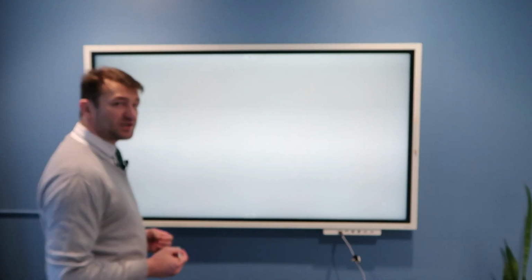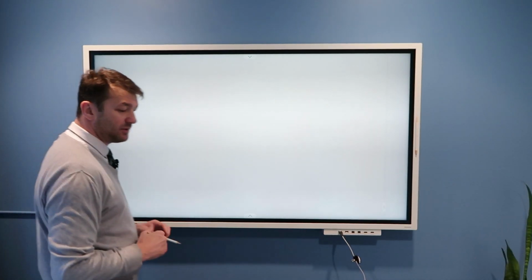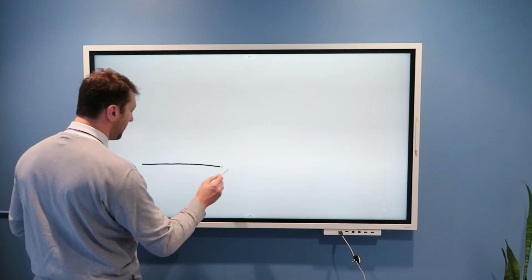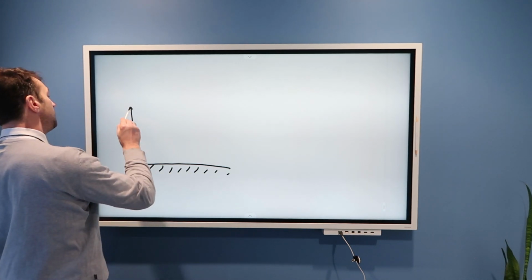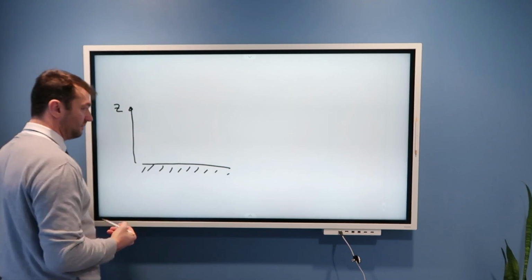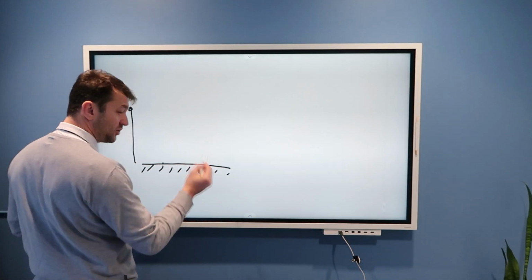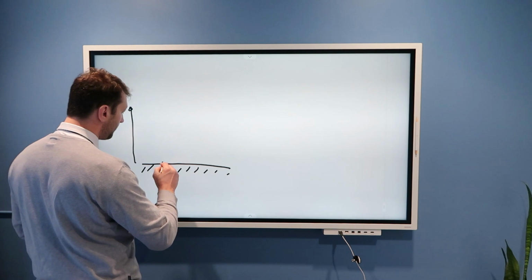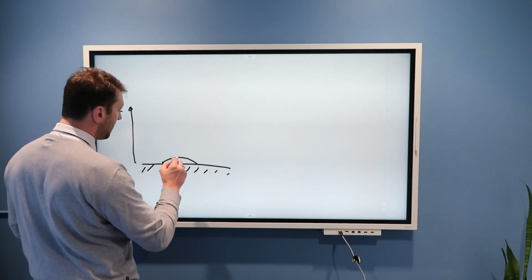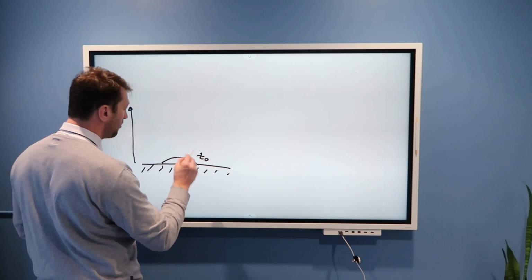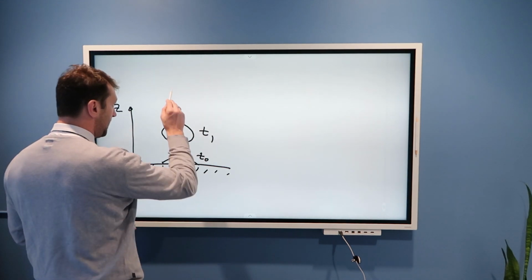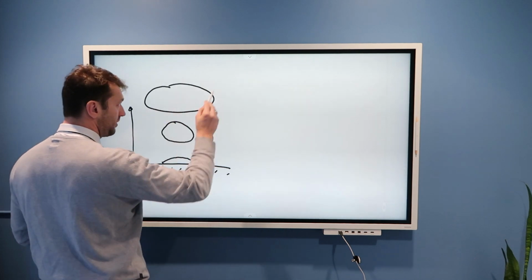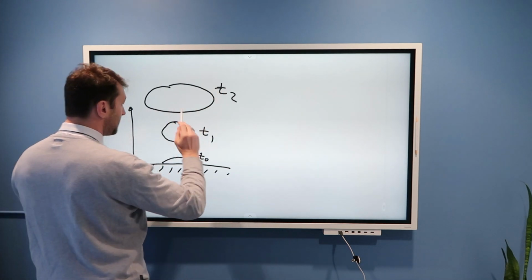There are two types of convection. There is something that we call free convection, and there is forced convection. Again, let's take this to be the surface of the Earth. As always, I am indicating height with Z. If we have just what I described in the previous slide, we have this bubble breaking up. So this is at time t0, and then this bubble breaks up here at time t1, and then as it is rising, it is growing, at time t2.